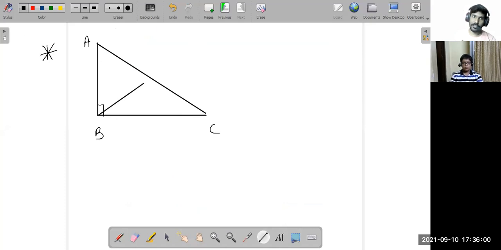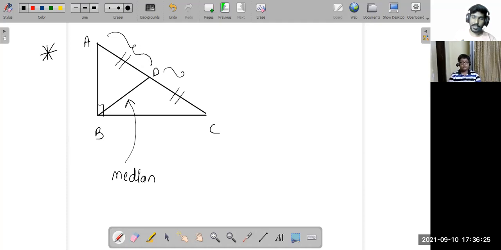Okay, this is a median. Then what this median will do, it will divide your hypotenuse into two equal parts. If I say this point is D, then it will divide your hypotenuse into two equal parts. That means AD and DC will be equal to each other.